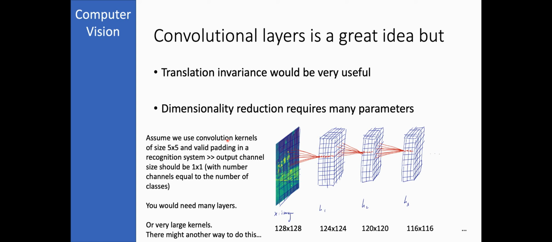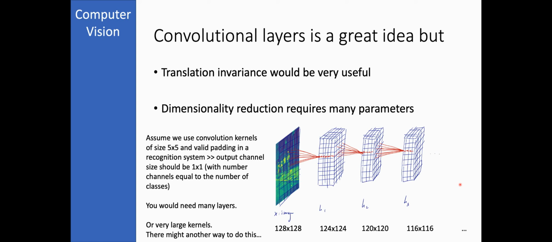We can use convolutional kernels of size 5 by 5 with valid padding in a recognition system. The output in a recognition system, if I'm looking at only a binary classification problem, should be of size 1 by 1. If I think about a 10 class classification problem, it should be 1 by 10. So going from 128, I have to go to 1 by 10.